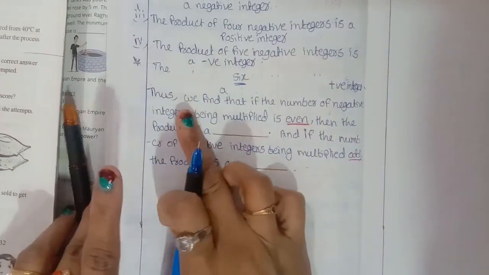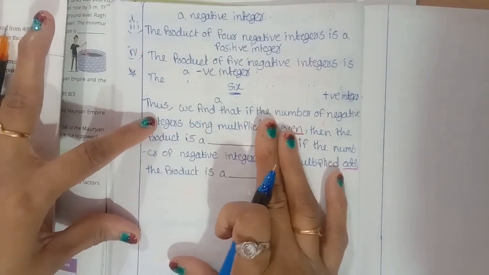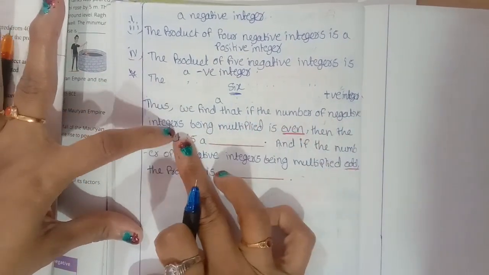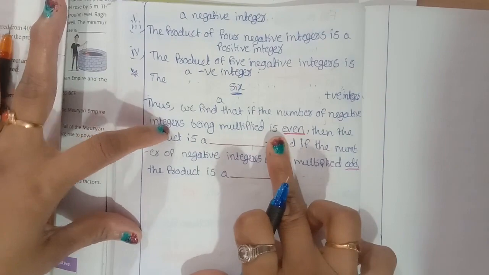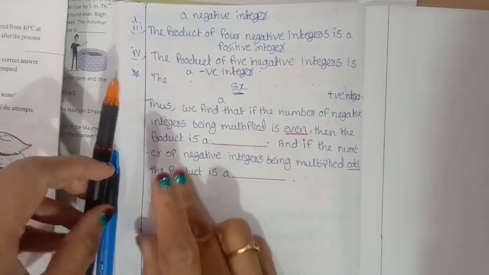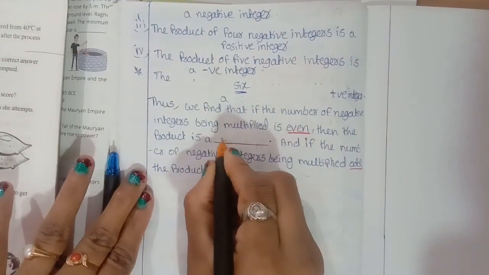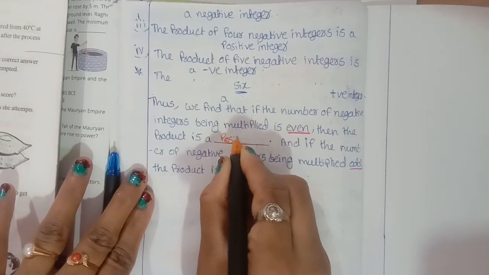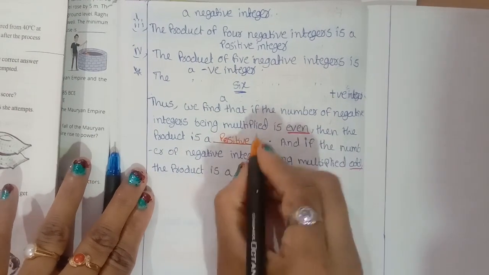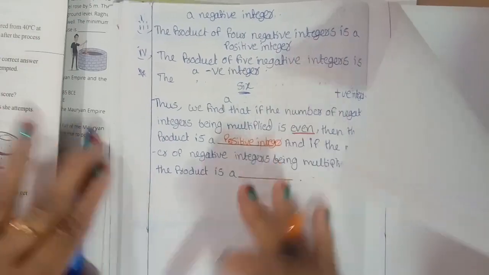In other words, you can observe here that if the number of negative integers being multiplied is even, then the product is positive or negative? Positive. Positive integer. Okay?